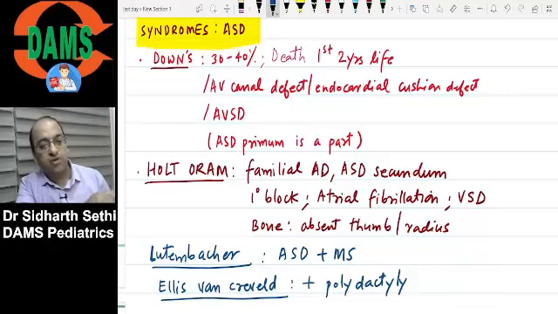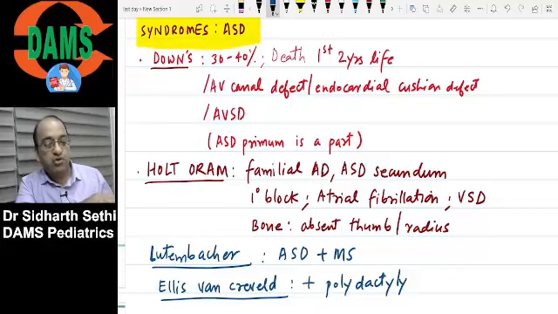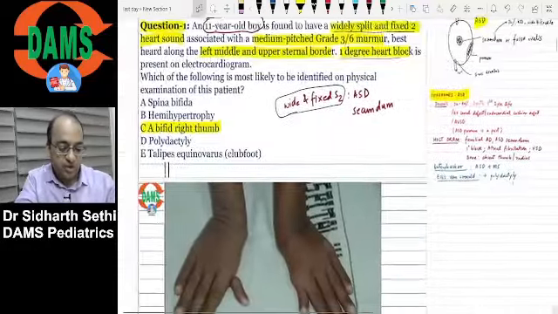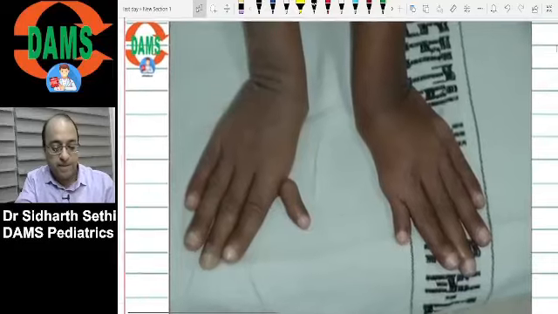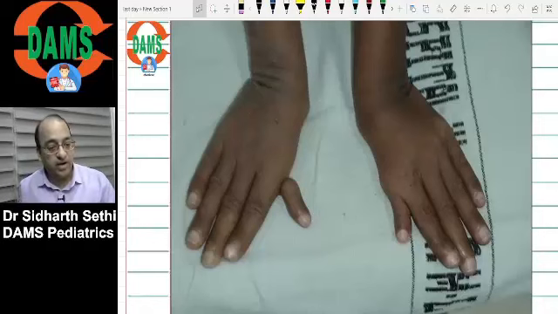So that question number 1 was Holt-Oram syndrome. So you will look for thumb abnormalities. Okay. So on your screen is a typical child. All of you, this is one of my patients, and this patient came to me with ASD. And what I did was, I looked at his thumbs.